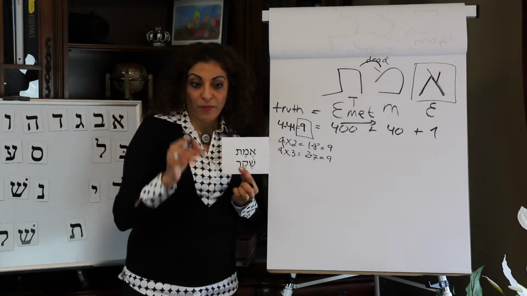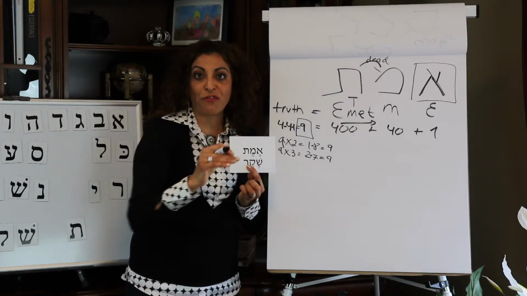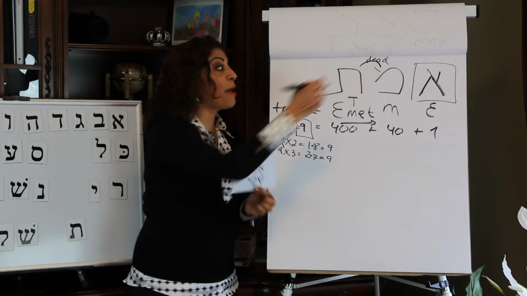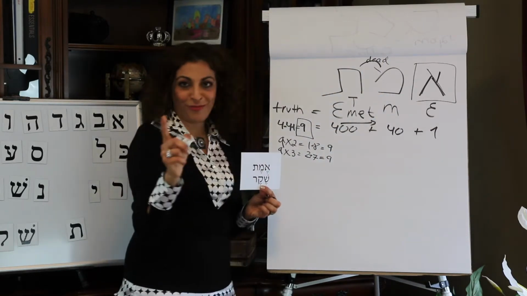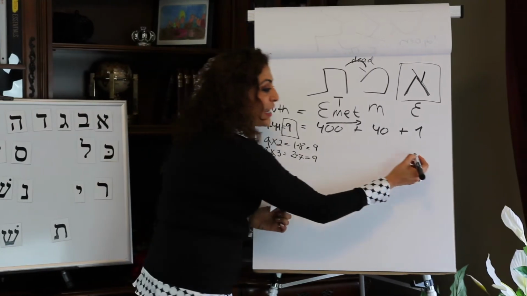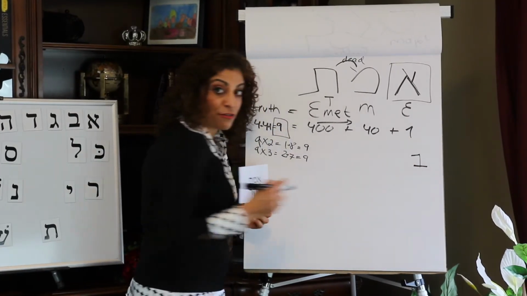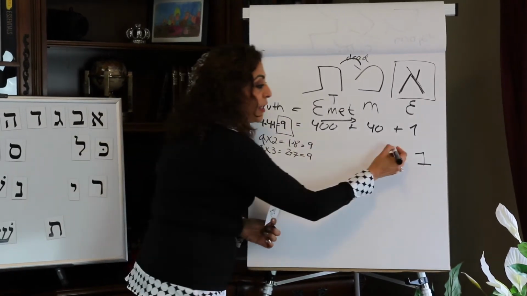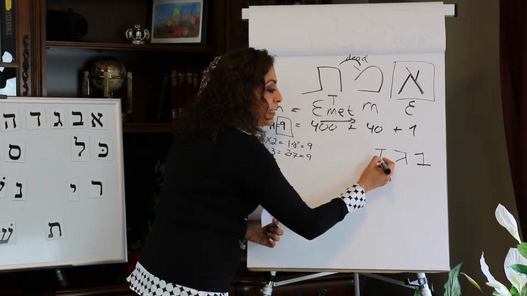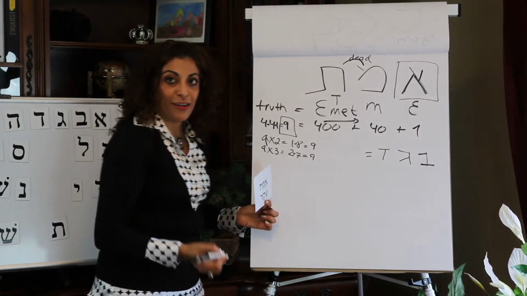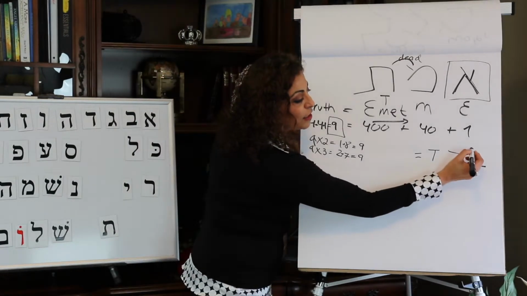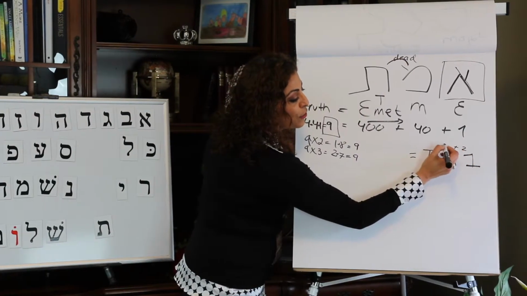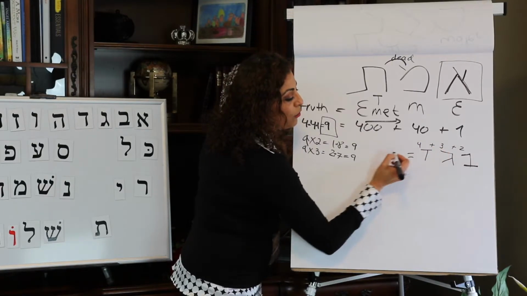The Torah, the first 5 books of Moses, is emet. It's true. Why? Because, pay attention to this one. If you take Bet, which is the first letter of the Torah, Gimel, Daled, and you add them up, you will get something special. Bet is equal 2 plus 3 plus 4. What is it equal?